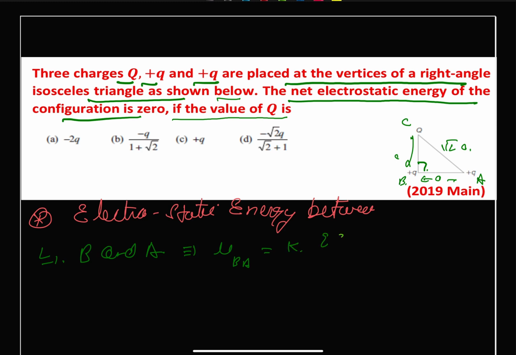This is Q and Q. Distance is A. So this comes as K Q square upon A.